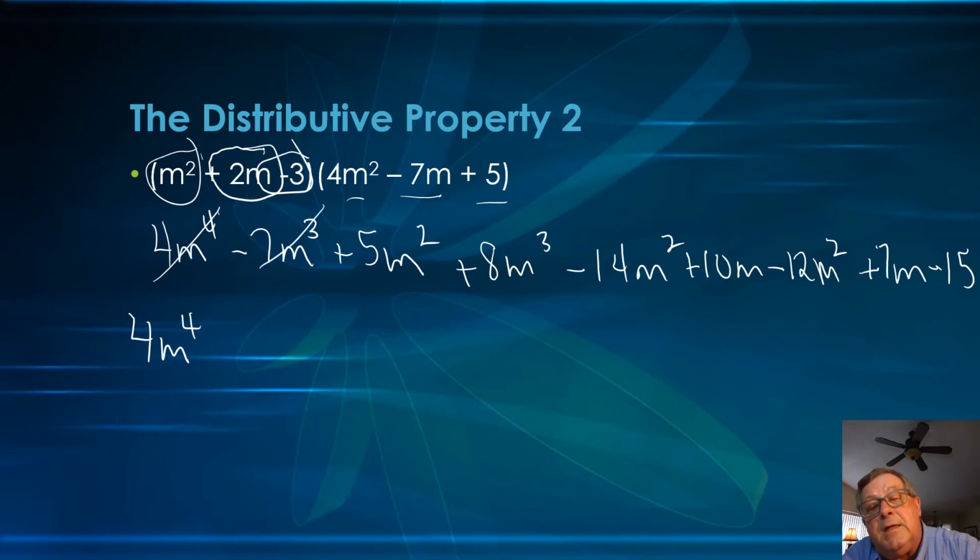So negative 7 plus 8 gives me positive m cubed. And then we've got some m squared too. I've got a 5m squared term, negative 14m squared, and negative 12m squared. Well, negative 14 and negative 12, that's negative 26. And then I've got the positive 5, so negative 26 plus 5 is negative 21m squared.